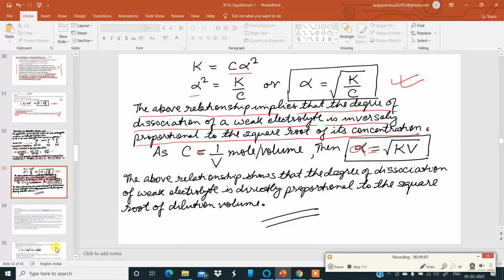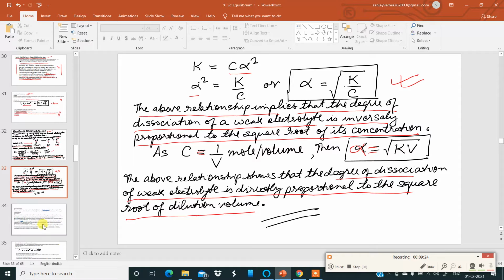Okay, concentration is 1 by V, isn't it? So the above relationship shows that the degree of dissociation of a weak electrolyte is directly proportional to the square root of its dilution volume. You can see, directly proportional over there.